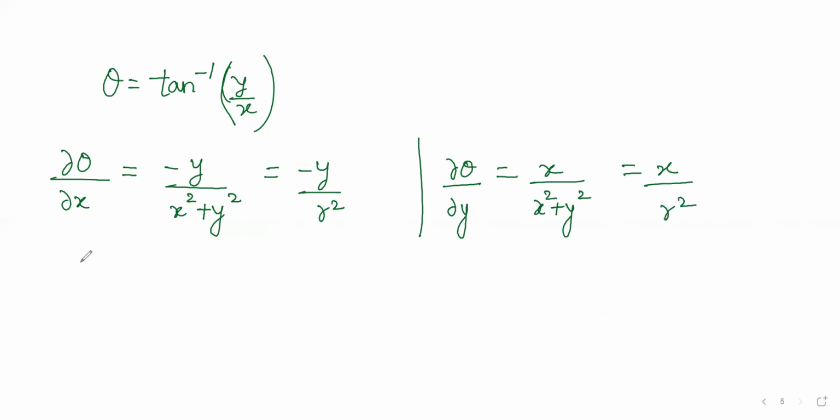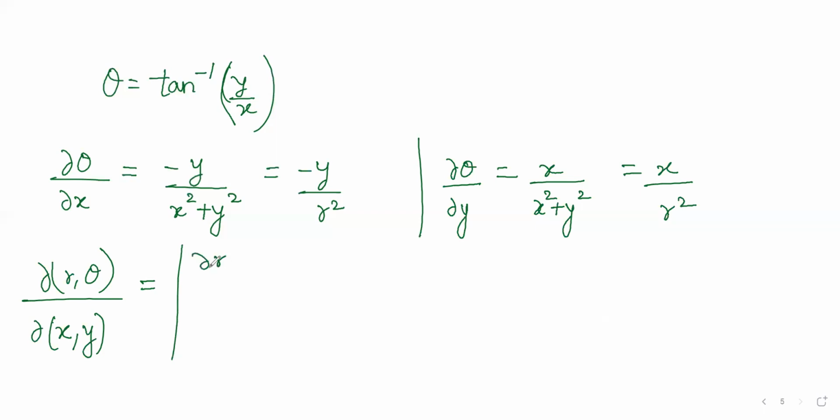Now we have all the terms, and we can find delta r comma theta upon delta x comma y, which is equal to the matrix of delta r by delta x, delta r by delta y, delta theta by delta x, delta theta by delta y.